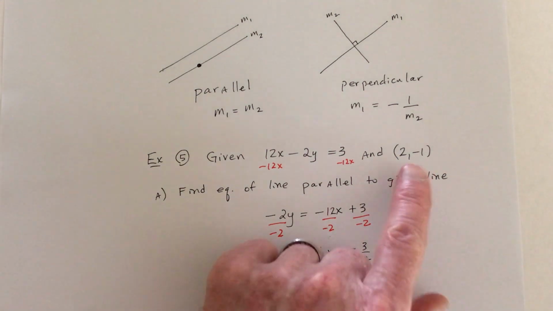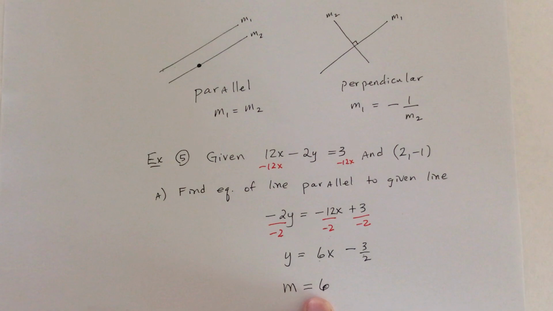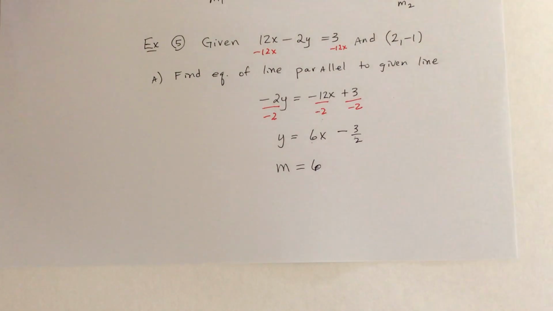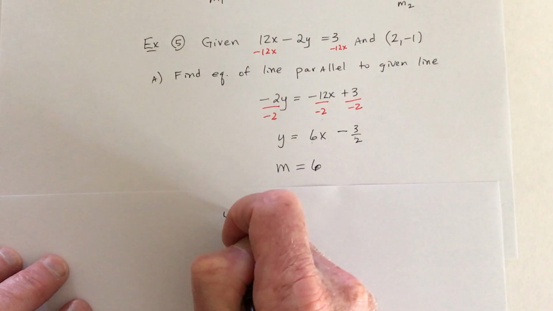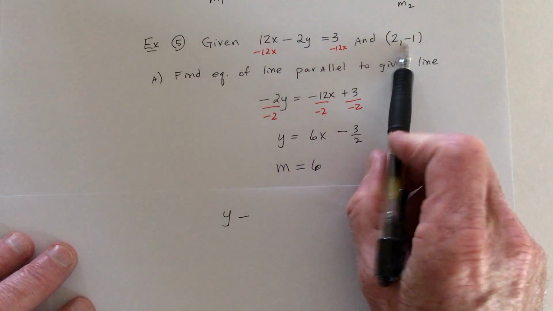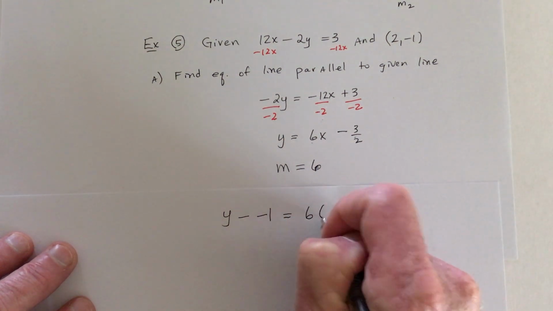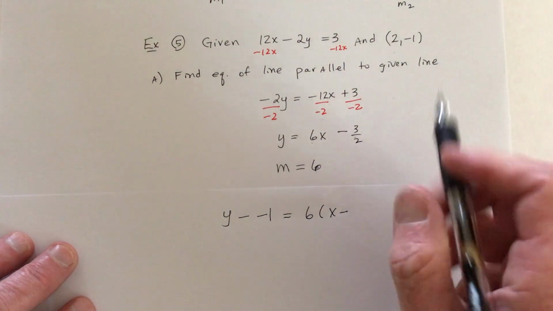And we already have the point that it's going to go through and the slope. So that means we can use the point slope formula to find the equation of the line. So I can then go y minus the y value, and that is a negative 1. So y minus a negative 1 equals the slope, and then x minus the x value, which is 2.